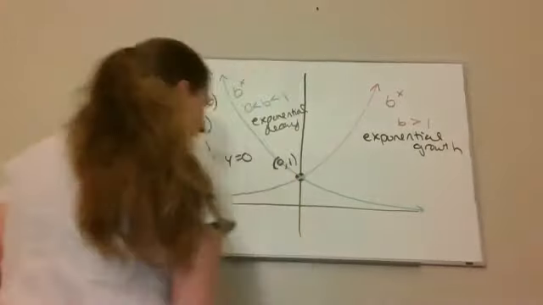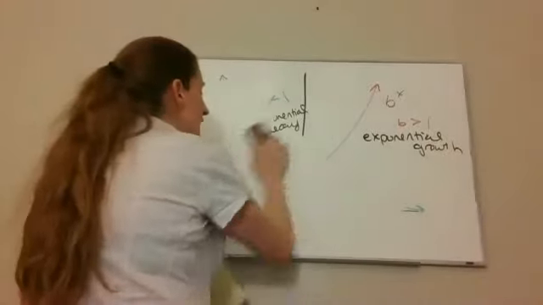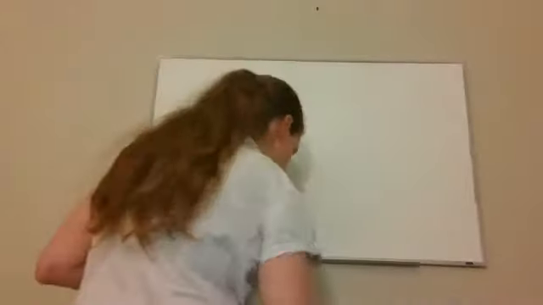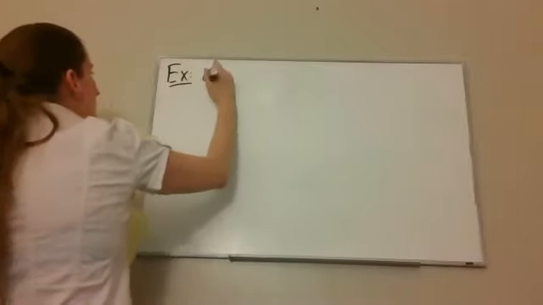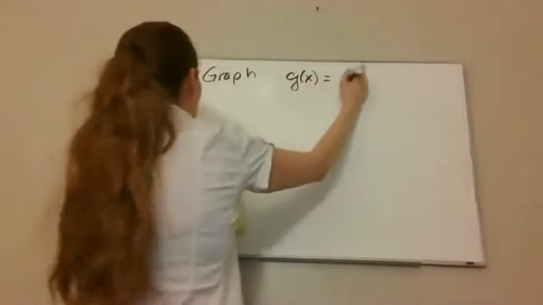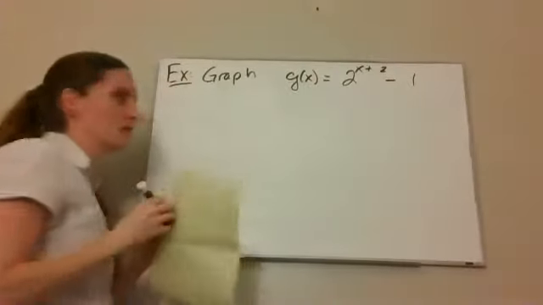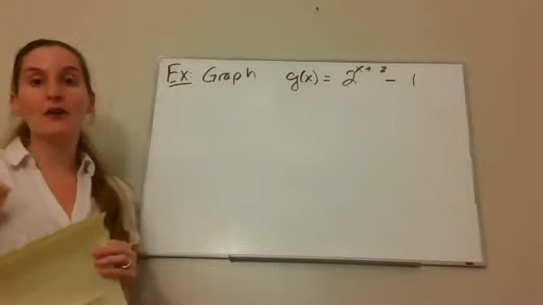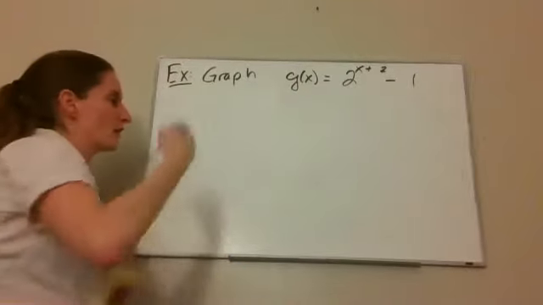All right, so let's do an example where we graph an exponential function, but we graph it using the transformations that we learned about a few videos back. So we're going to graph g of x equals 2 to the x plus 2, minus 1. And the first thing I want to point out is this is going to be like our graph of 2 to the x that we just had, but we're going to be shifting it around using our transformations.